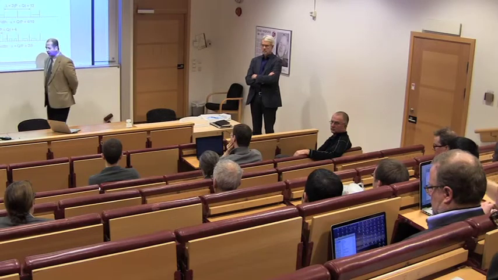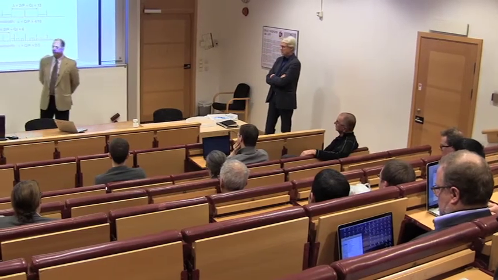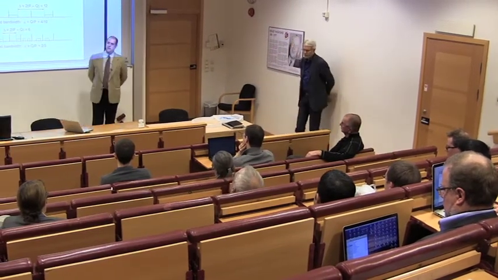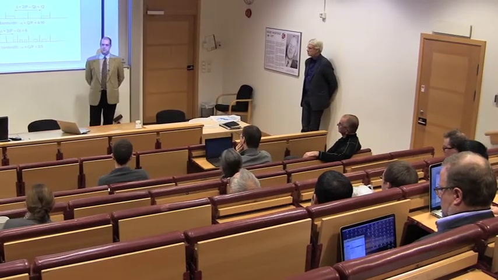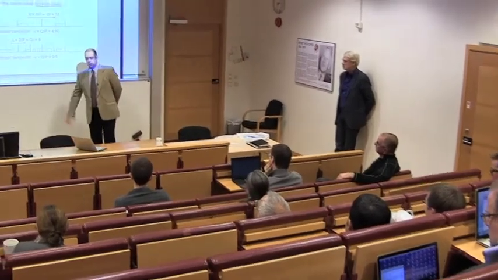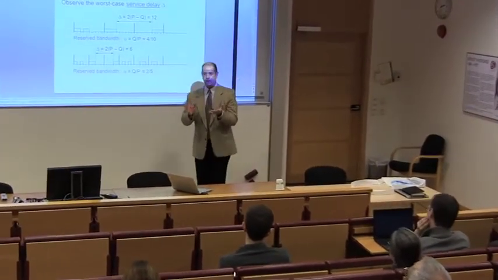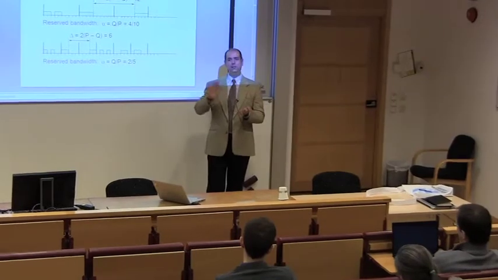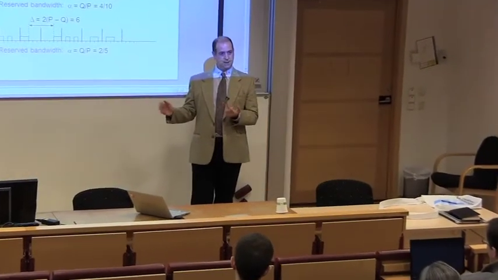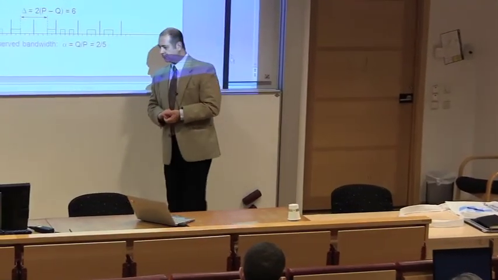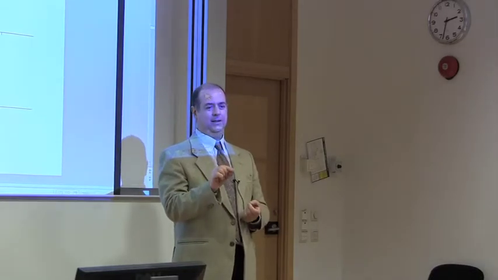Okay. The question is how to take cache effects into account when you derive the worst case computation time, and whether the worst case computation time depends on the allocation. Is that correct?